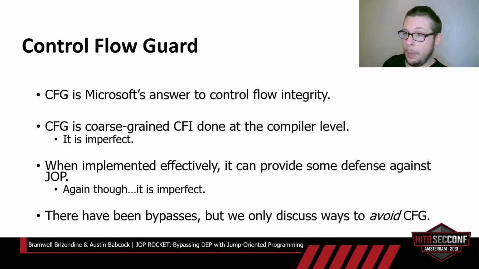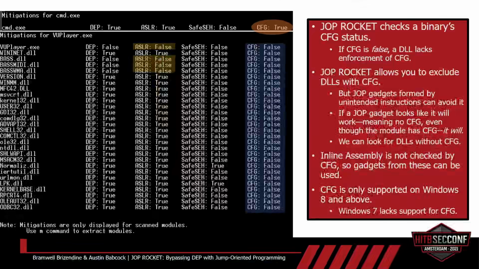So the things to keep in mind here are, well, a number of different things. For one, inline assembly will not work. Windows 7 will not work, and that's 19% of computers as of the current month. And also opcode splitting will allow us to form a number of different gadgets, JOP gadgets.